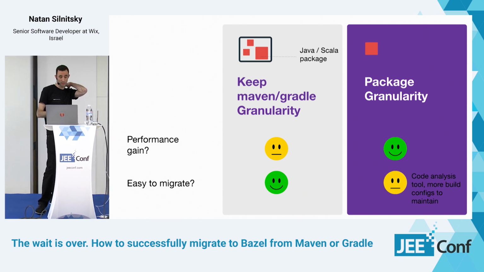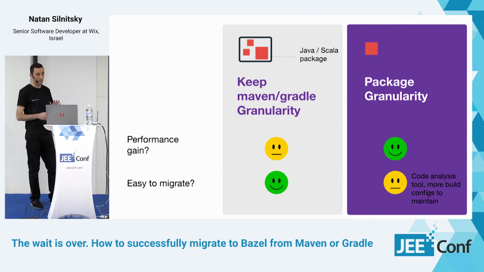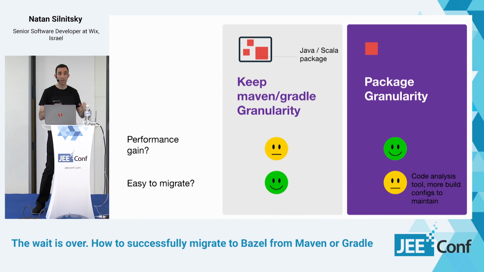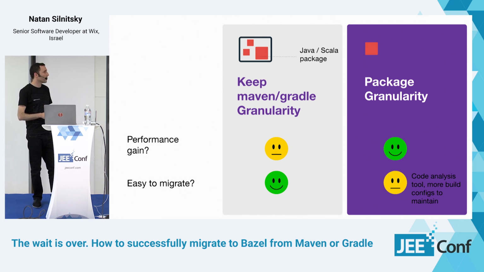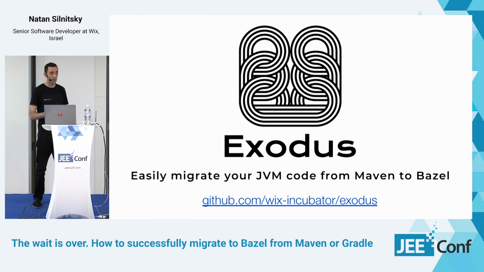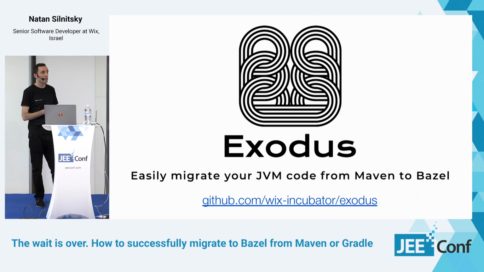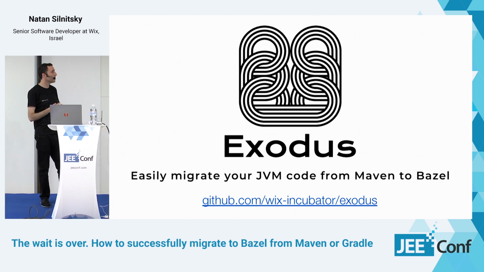But even though there were some pain points there, the basic automatic migration worked, and we managed to do the successful migration into smaller build units. But we decided that if we want to open source this migration tool, we need to find something better.